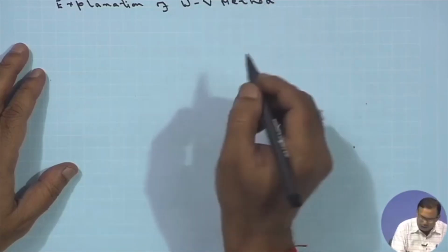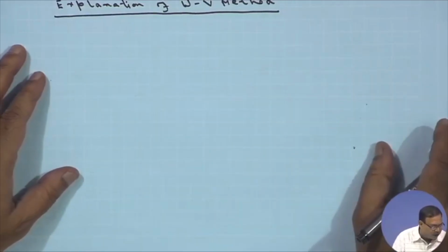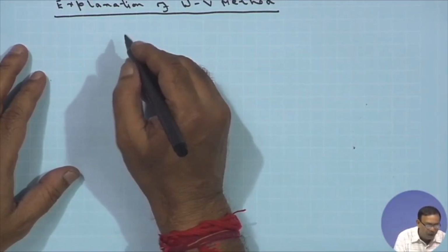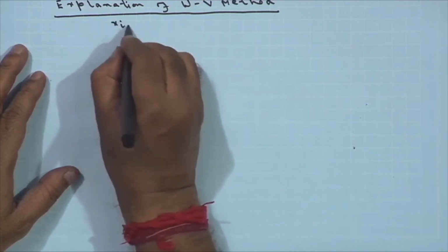The explanation we call the UV method, or sometimes the method of multipliers. Basically, what do we want?